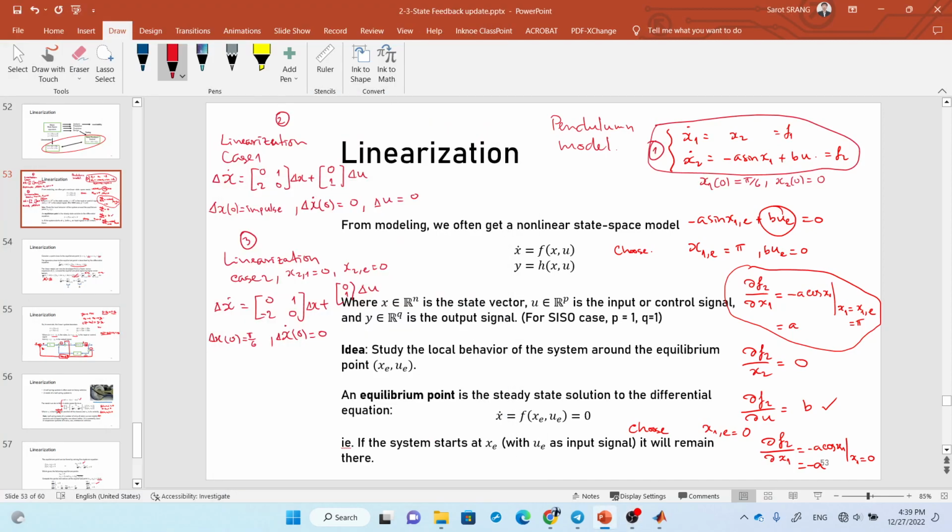So there is a little mistake. Need to modify something. For the nonlinear system, we choose the initial condition like this. If we choose the equilibrium H1 equal to 0, H2 equal to 0, then we have the linearized system around this equilibrium like this. And then let's choose the same initial condition.